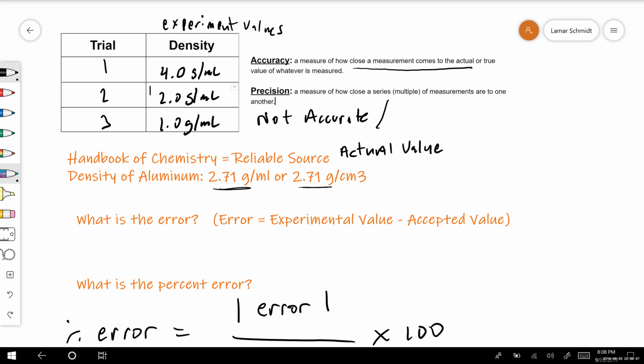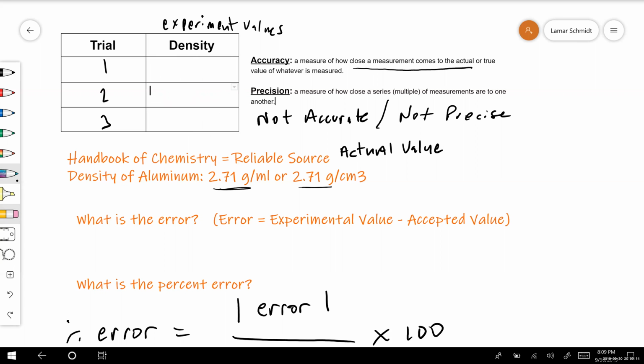It's a measure of how close a series of measurements are to one another. And a series just means multiple measurements. And so is 4 and 2 and 1 close to one another? And the answer there is a resounding no, so they are not precise. So it's not accurate and it's not precise. And that's how you tell those type of questions.